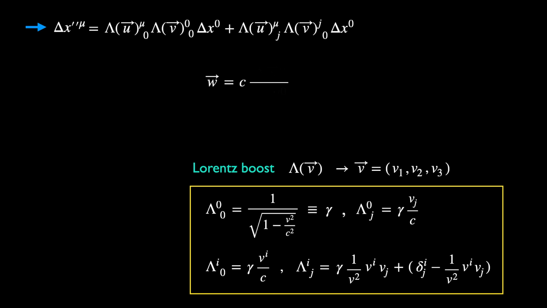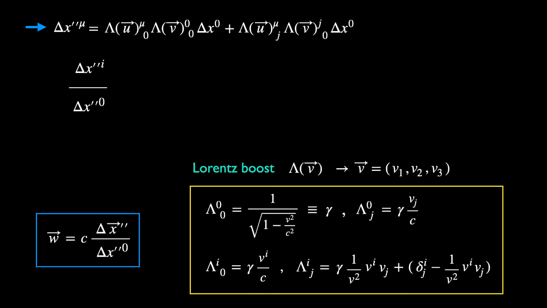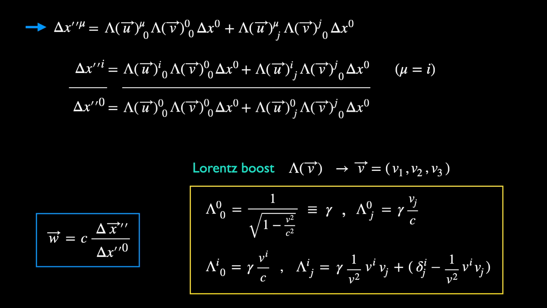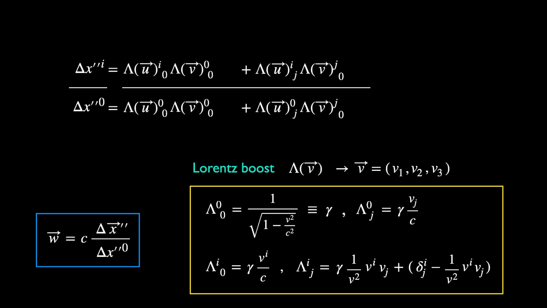Both the numerator and denominator on the right-hand side can be given by the equation above. We can divide out the delta x naught on the right-hand side.